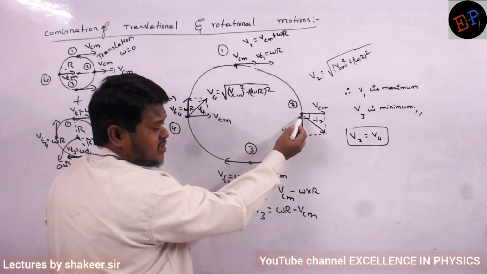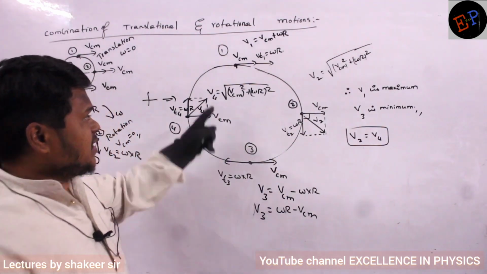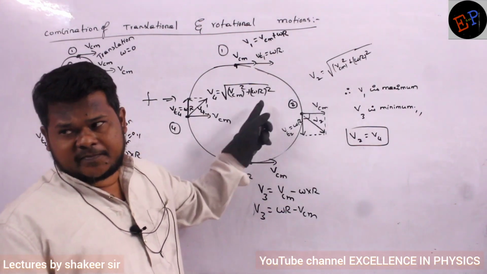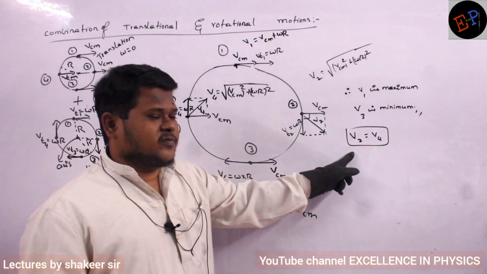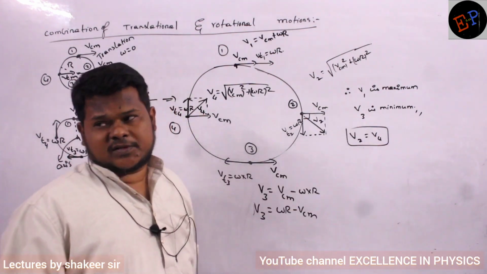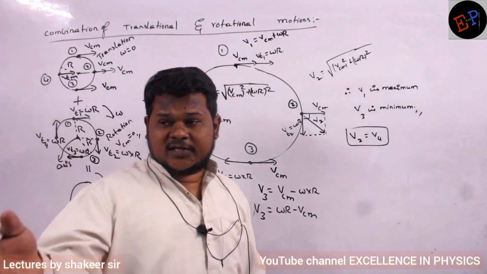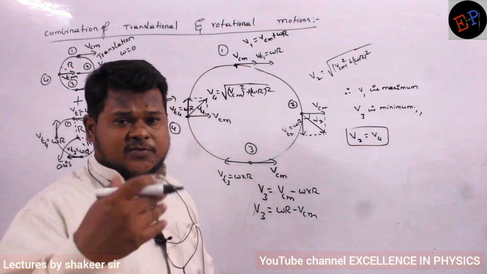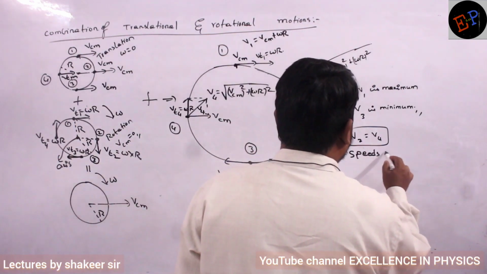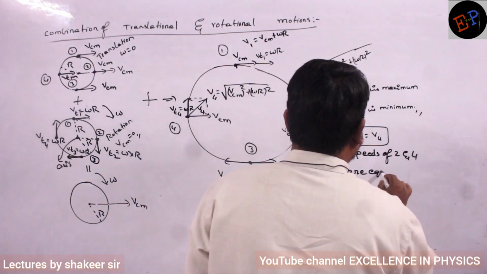But magnitude wise they are equal, no? Value wise they are the same. So speed of point 4 and speed of point 2 are equal. Velocities are not equal because directions are different, but speeds are equal. So I can say speeds of 2 and 4 are equal.